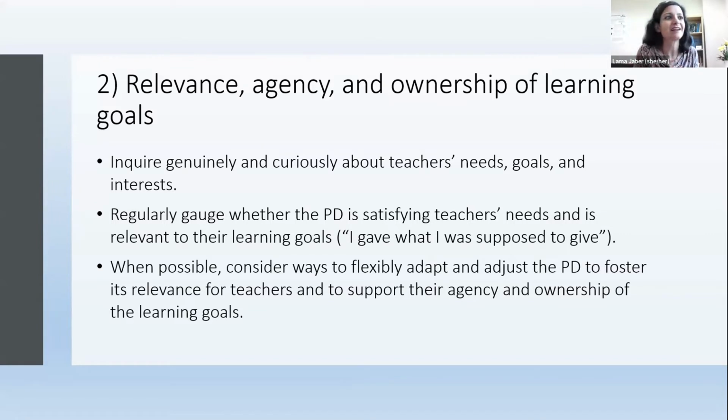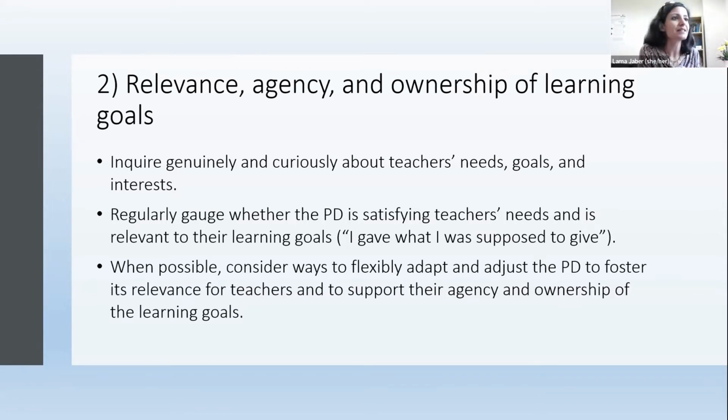I'm paraphrasing an interview with a veteran teacher who said, "I gave what I was supposed to give, so I'm ready to go on to the next thing." So in those cases, we came to understand that perhaps for some of the participating teachers, they were not experiencing this space as a place for learning for them, but were more thinking of their role as giving and providing for the novice teachers.